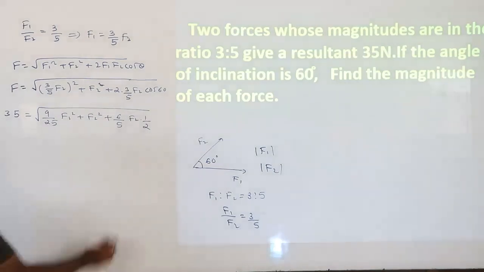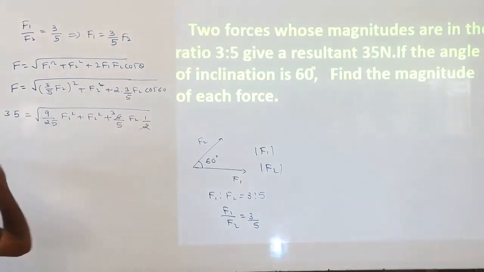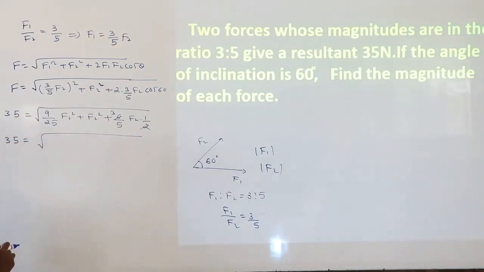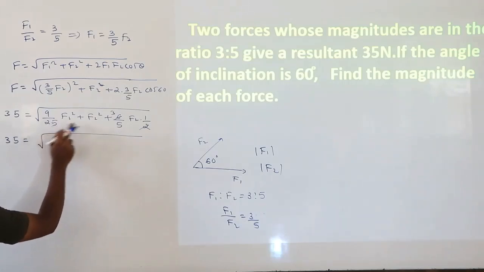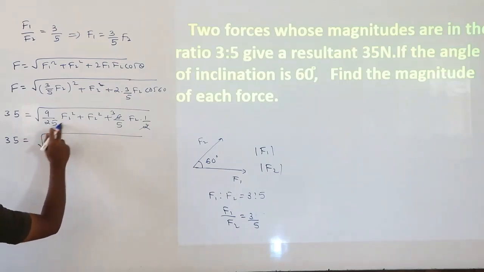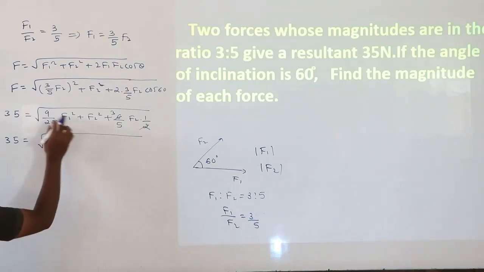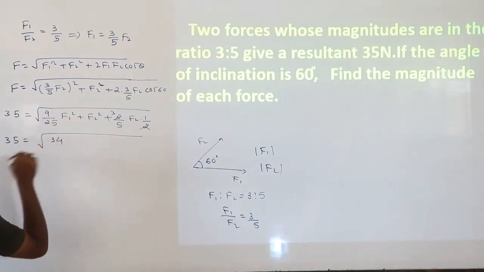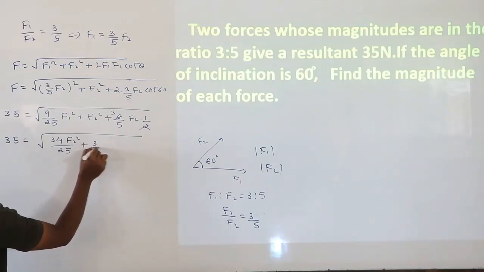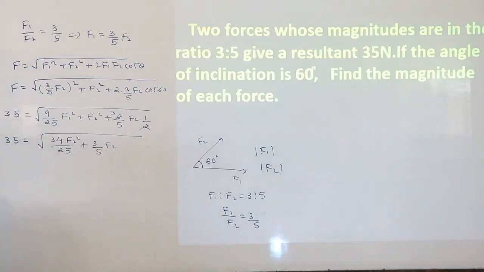So 35 equals the square root of, taking 25 as the common denominator, 9 plus 25 is 34 F2 square divided by 25, plus 3 by 5 F2 square.